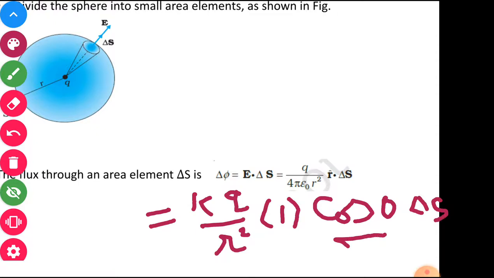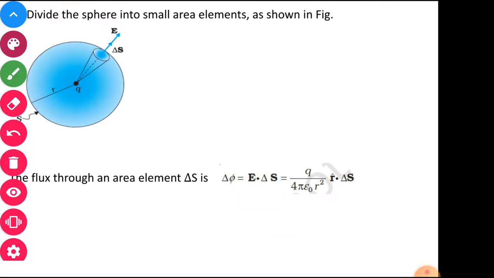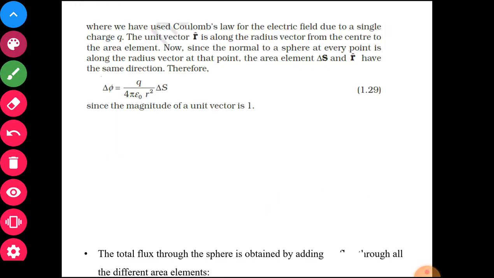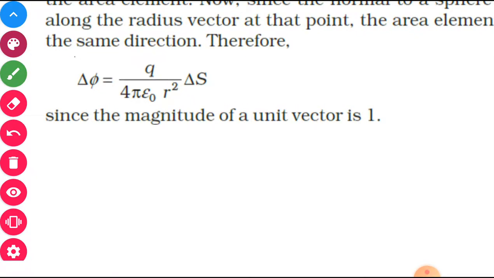So we can write kq upon r square into delta S, which is written in the next slide, as r cap is a unit vector, its magnitude is 1.